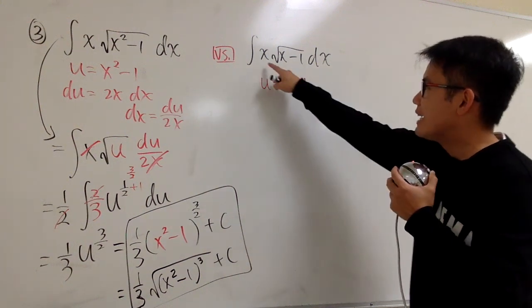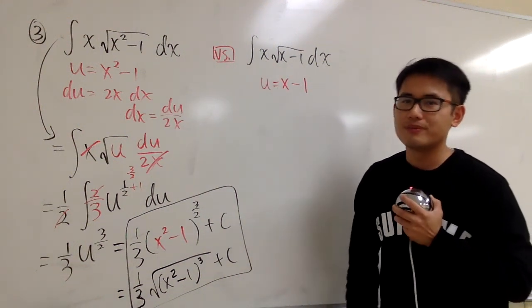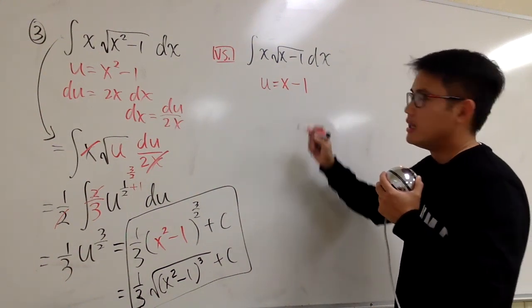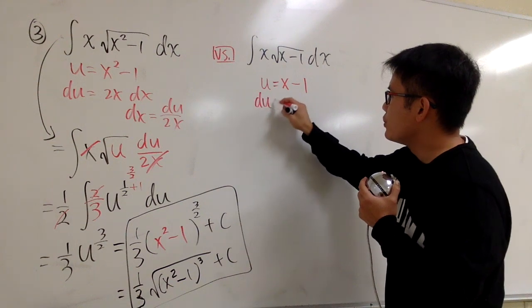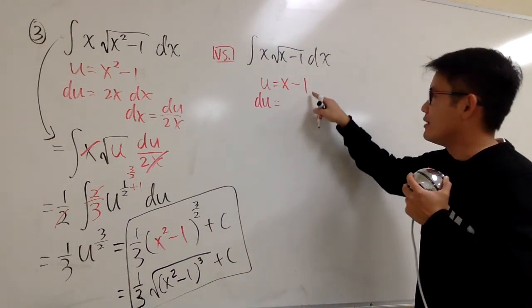Even though I cannot cancel this x right away, this is the algebra that we can do. So let me show you. Still differentiate both sides. On the left hand side, we get du, but then the derivative of x is 1, and then this is 0.